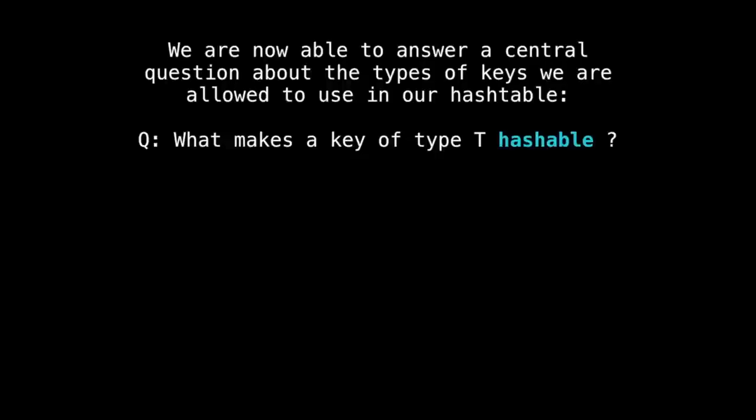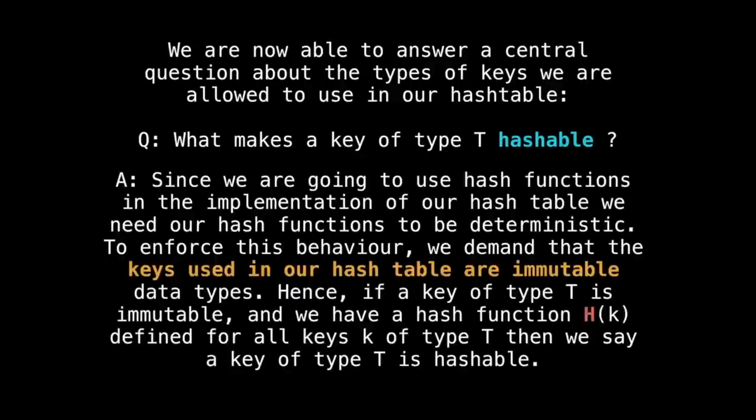Okay, so now we're able to answer a central question about the types of keys that we're allowed to put in our hash table. So what makes a key of type T hashable? Here's the answer. Since we're going to implement our hash table using these hash functions, we need those hash functions to be deterministic. And to enforce that behavior, you'll see a lot of programming languages enforce that the keys you use be immutable, meaning you can't change them.